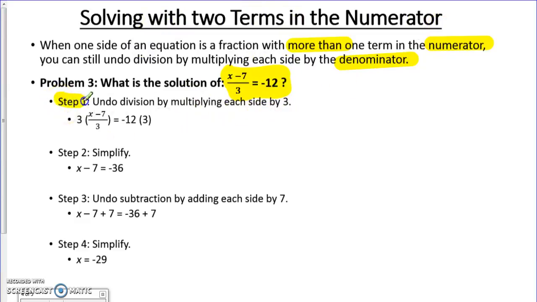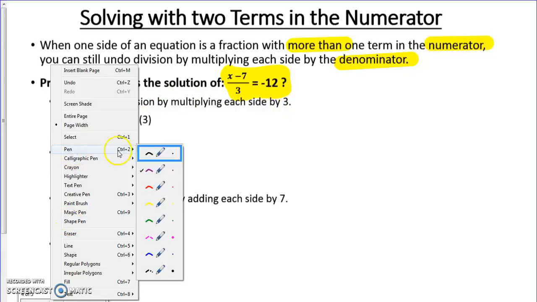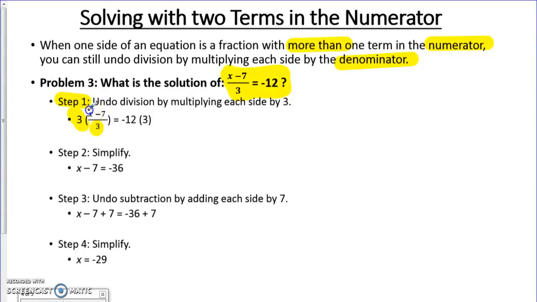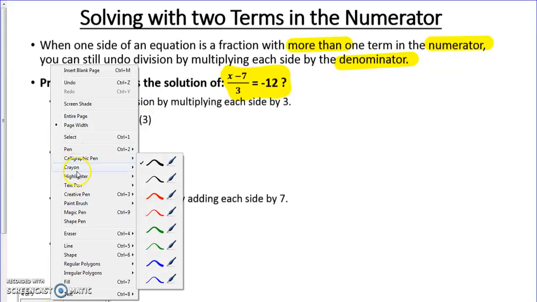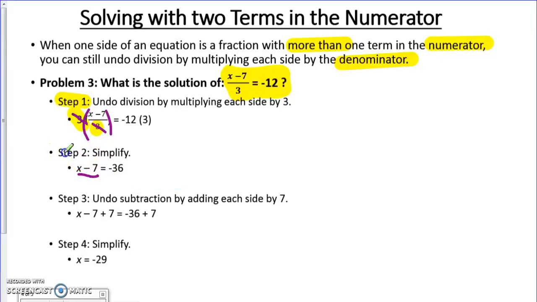The first step is you can undo division by multiplying each side by 3. 3 is the denominator. If you multiply the entire fraction on the left-hand side by 3, the 3's will cancel. So all you're left with is x minus 7, and negative 12 times 3 is negative 36. That looks like a better problem to work with than the fraction.